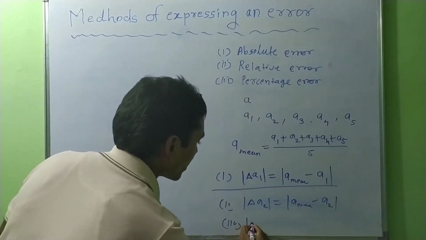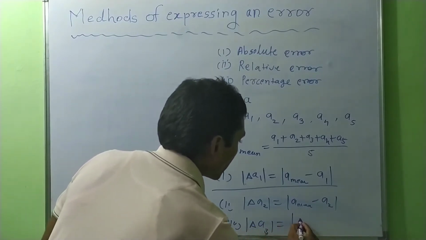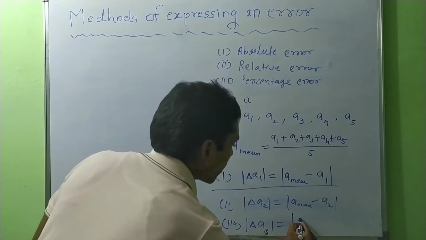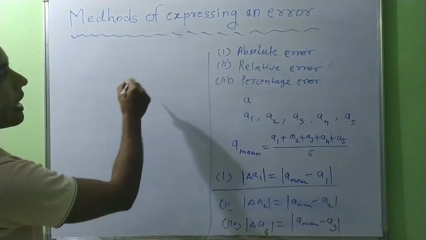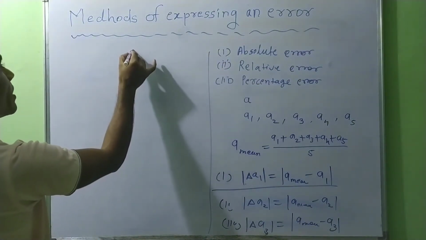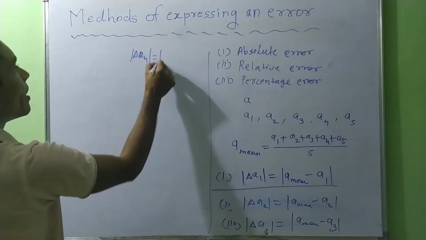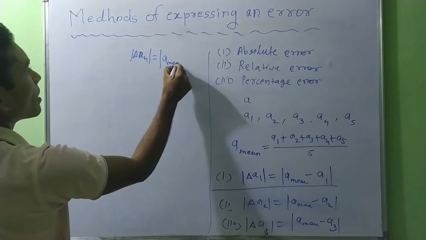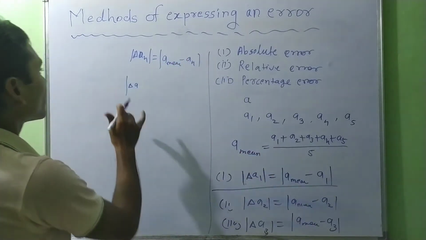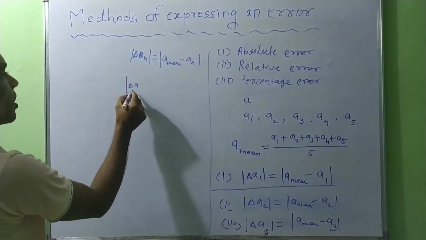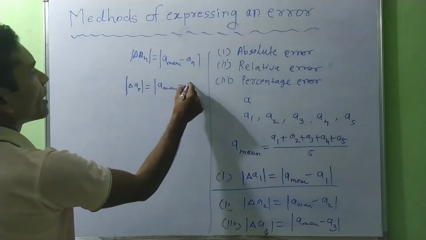The third absolute error will be mod del A3 equal to mod of A mean minus the third observation, and the fourth absolute error will be mod del A4 equal to mod of A mean minus A4, and for the fifth reading the absolute error will be mod del A5 equal to mod of A mean minus A5.